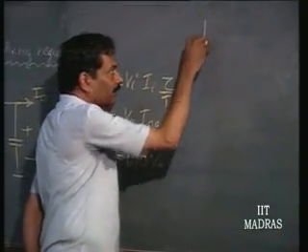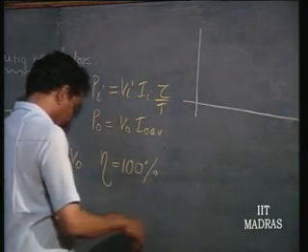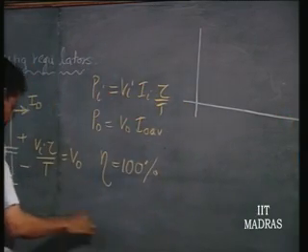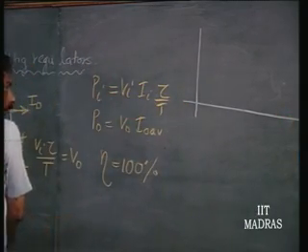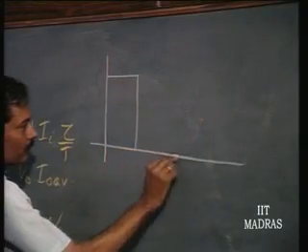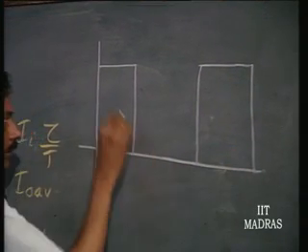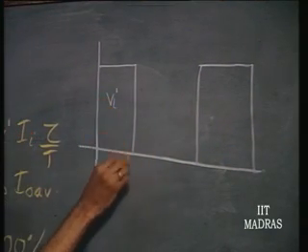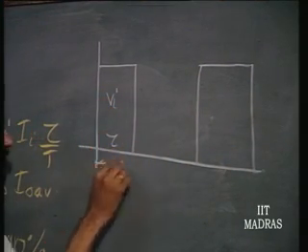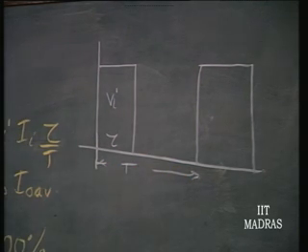So let us therefore use this information in coming up with the solution for this. Let me start. This is Vi for tau and this is T. What is the voltage across the inductor?